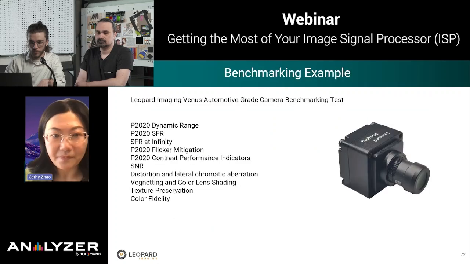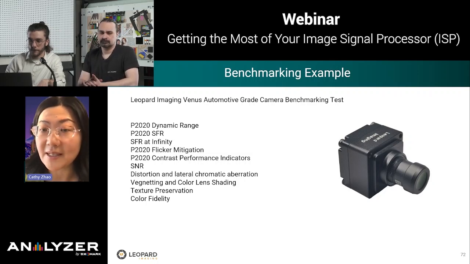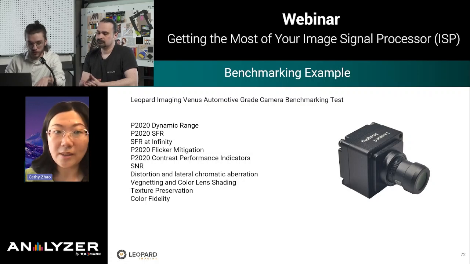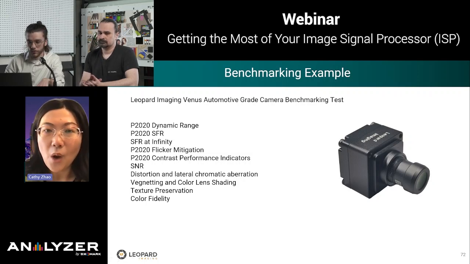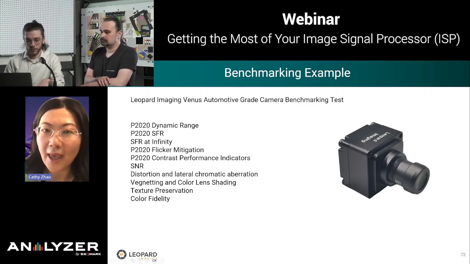And the next one. This is an example of what we did with our cameras on benchmarking services, and we're going to apply the module to more customers. This is a T2020 dynamic range report, and we have a full report on this automotive grade camera. With the DXOMARK lab, we have a better sense of how this camera can help our end customer.